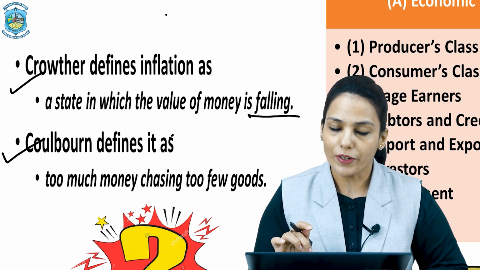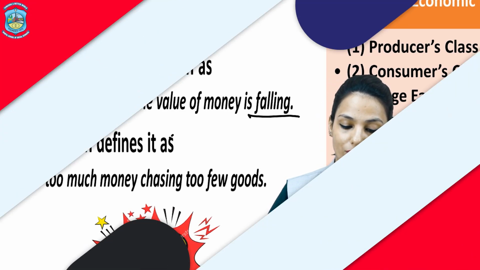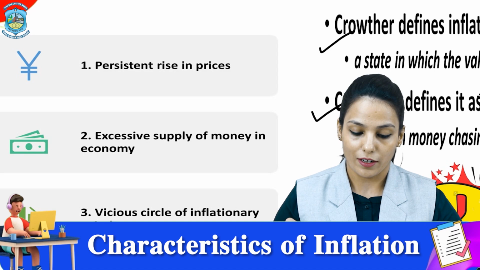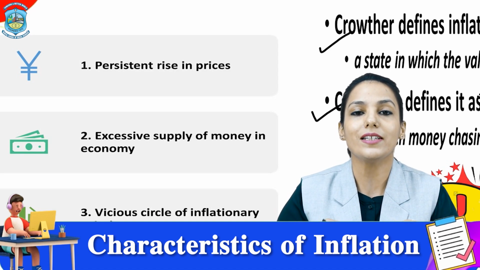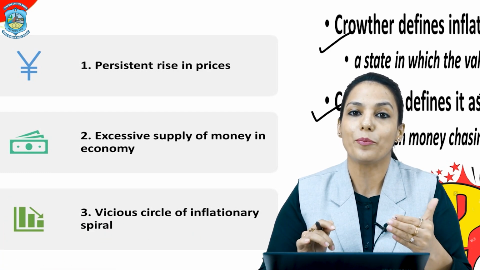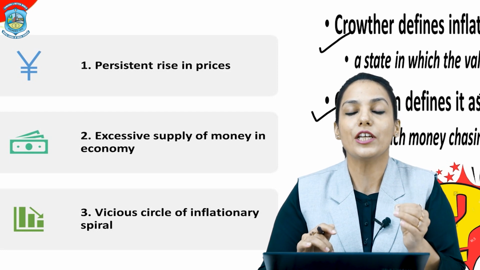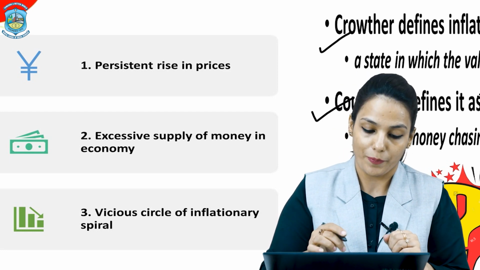Based on these two definitions, there are three main characteristics of inflation. The first is a persistent increase in prices. There is a continual increase in the prices, and this is the first and foremost distinguishing trait of inflation.